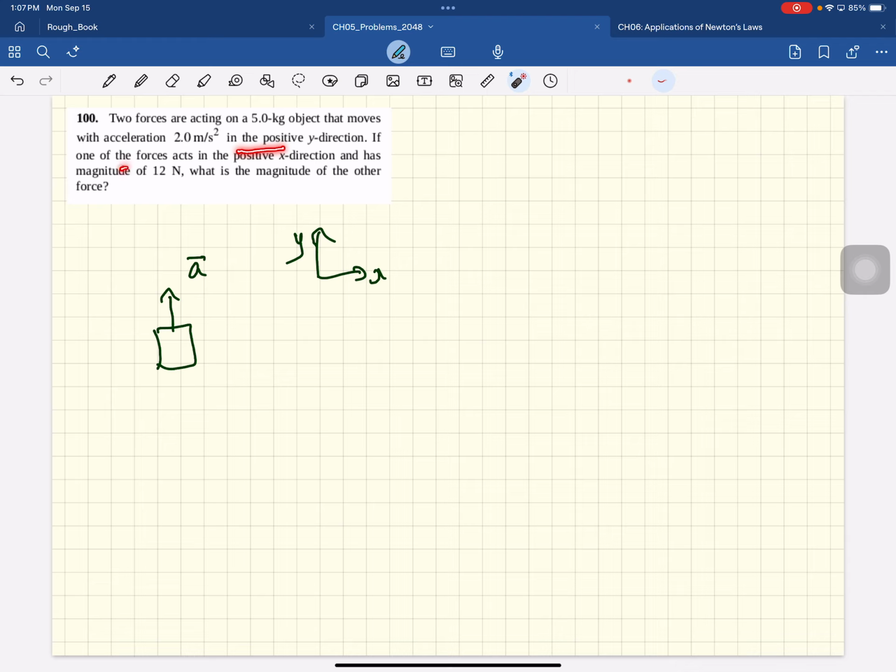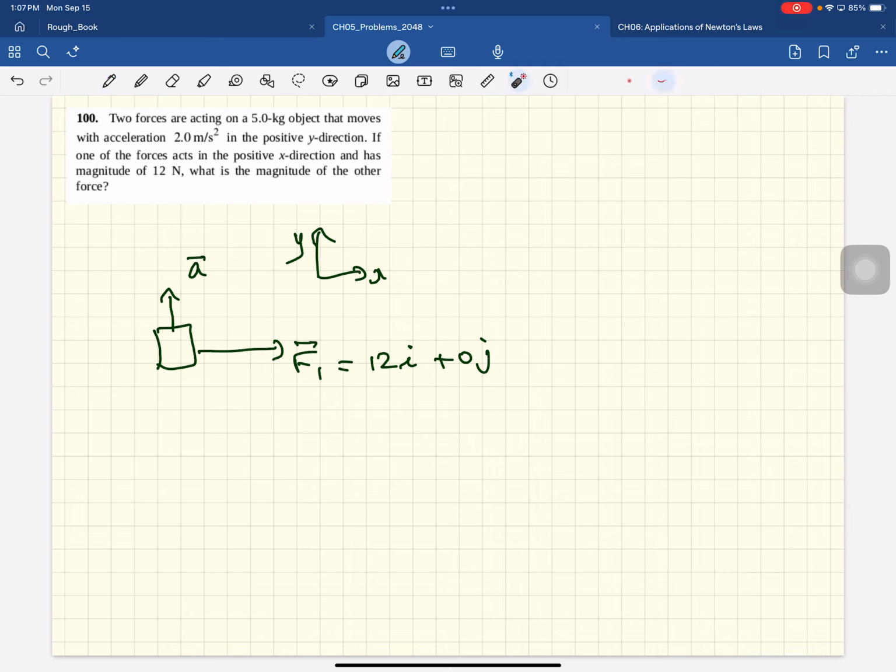If one of the forces acts in the positive x direction, so here's force 1 acting in this direction, and has a magnitude of 12 newtons, so this is equal to 12i plus 0j. What is the magnitude of the other force?